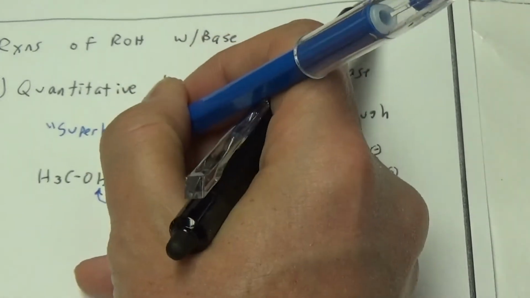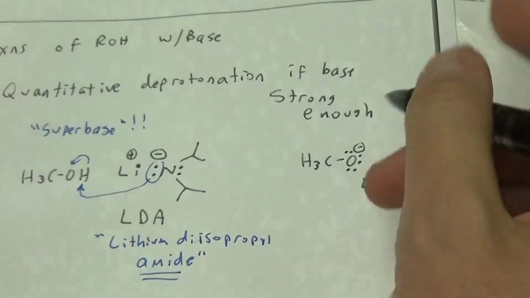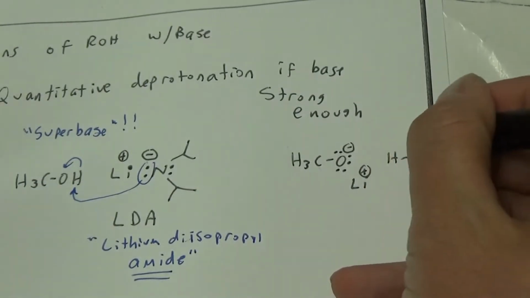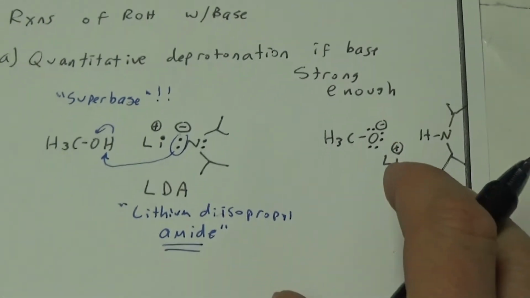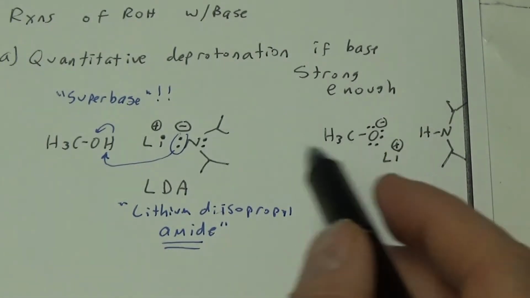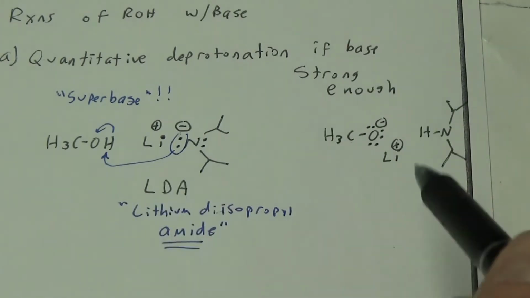Base takes proton, push it onto oxygen, and then you get the O minus. And then over here you get H and isopropyl, right? And how do we know the direction of the equilibrium? We look at the pKa's.